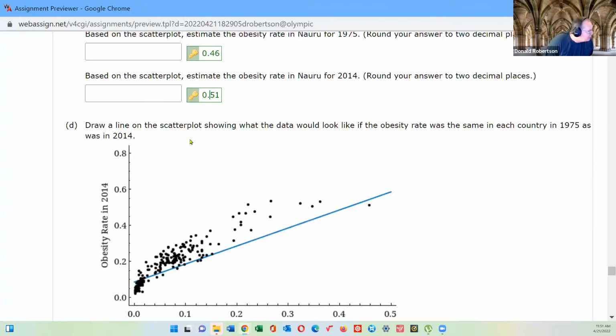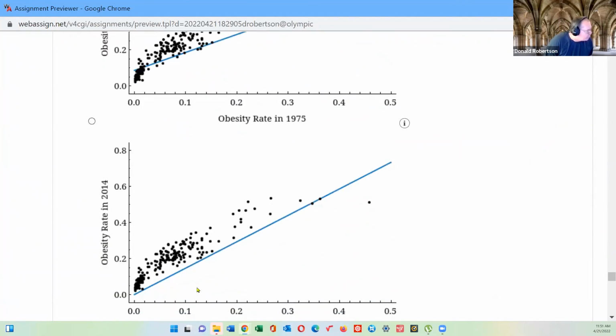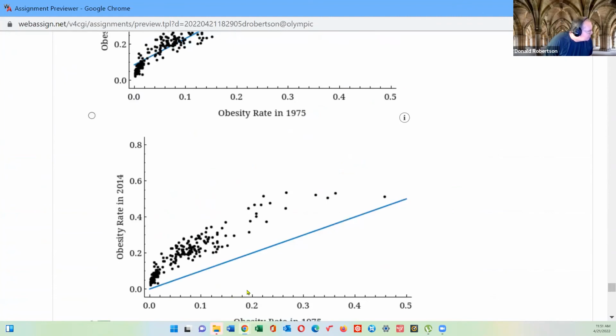Now it says, draw a line in the scatter plot and show what data would look like if the obesity rate was the same in each country. Well, if the obesity rate was the same in each country, wouldn't 0.1 go through 0.1 and 0.2 goes through 0.2? So one of these pictures should look like a nice straight line, and 0.2, 0.2, 0.3, there it is, that one.